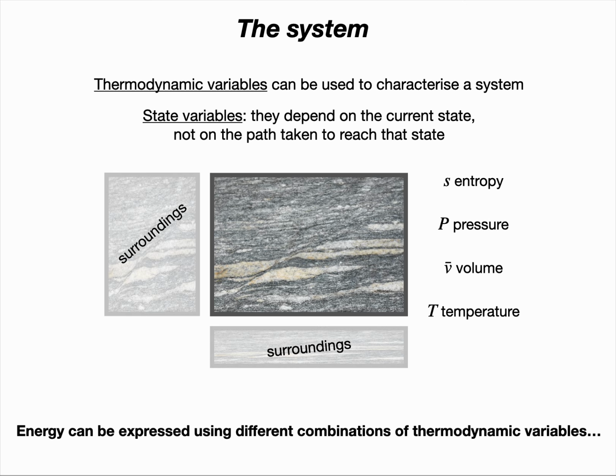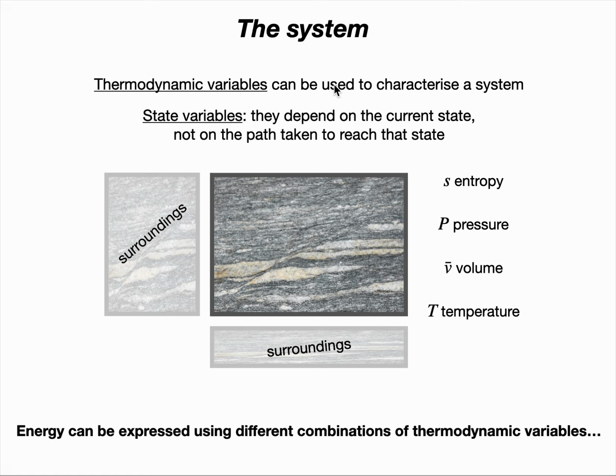Remember the system. The system is defined by state variables. A system exists because it has a surrounding, and the boundary between the system and the surrounding is very important because this is where transfers may occur: heat, mass, or exertion of work.